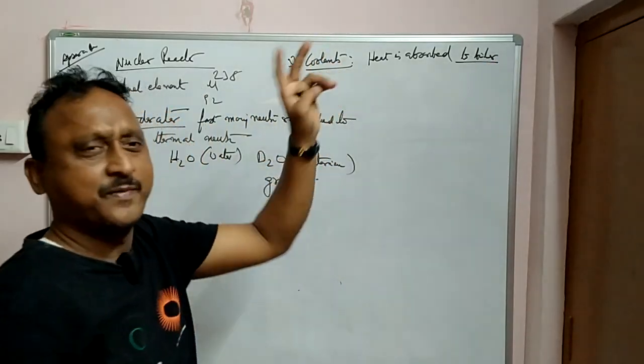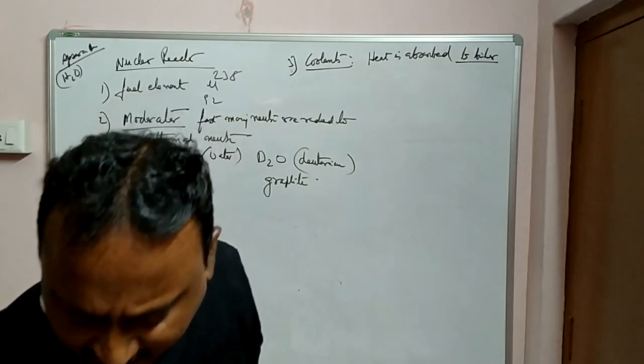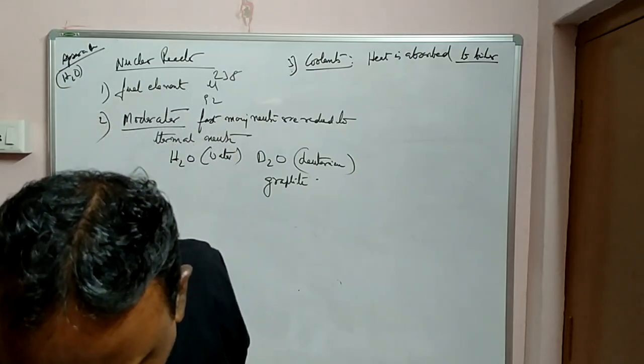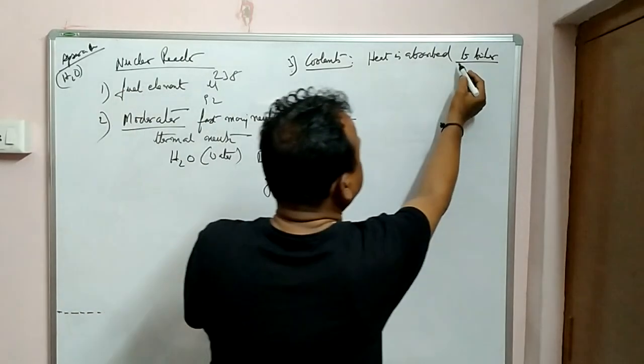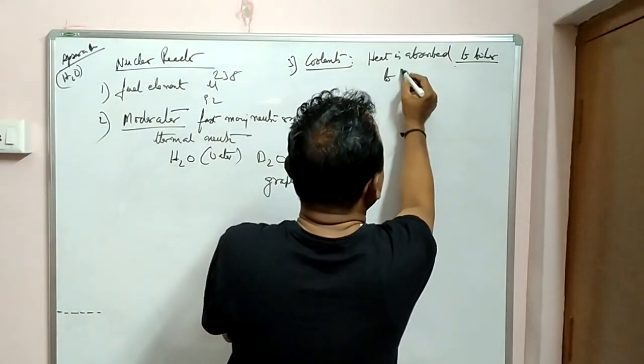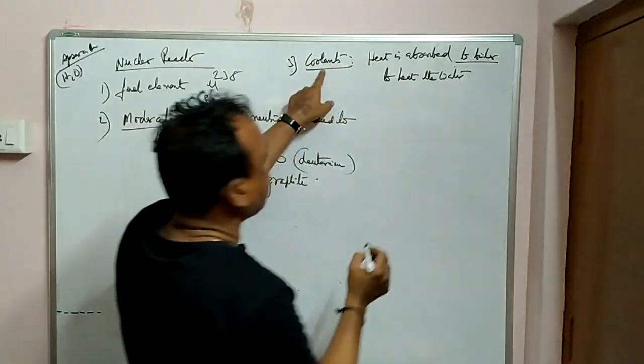The coolant's job is that it absorbs the heat energy released in the nuclear fission reaction, and that heat is sent to the boiler to heat water. That is the main function of the coolants.